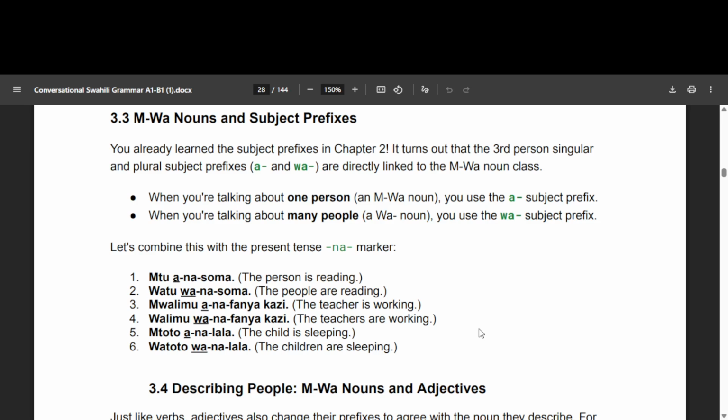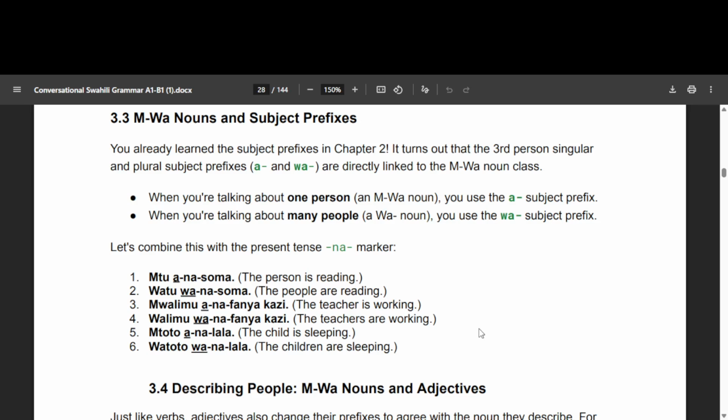You remember when we said anasoma. If it's mimi, I say ninasoma, but wewe unasoma. So yeye, the third person, anasoma, and for plural, wanasoma. That starts with the a, and the plural starts with the wa. That a and wa is directly linked to the m-wa class.